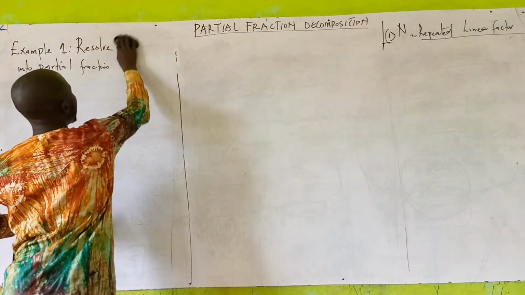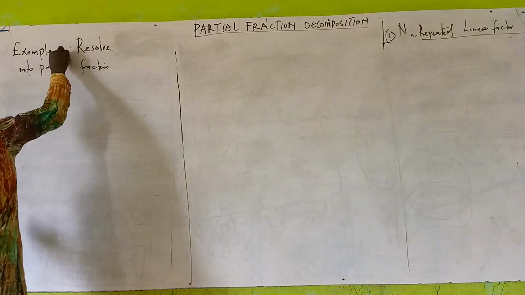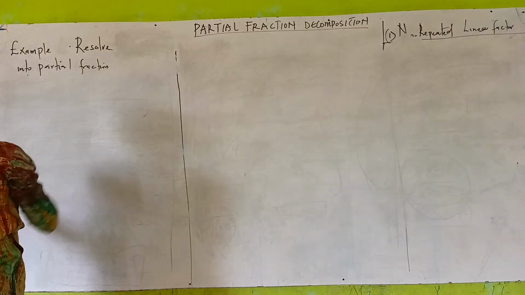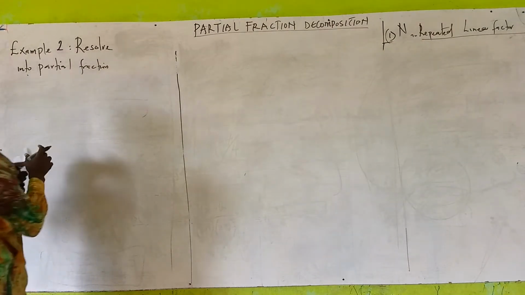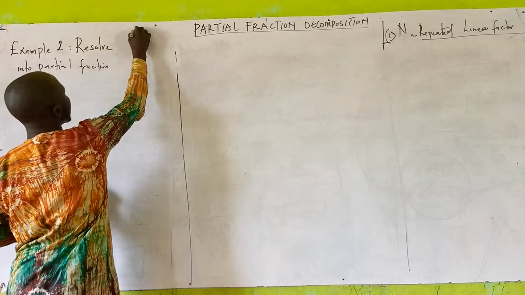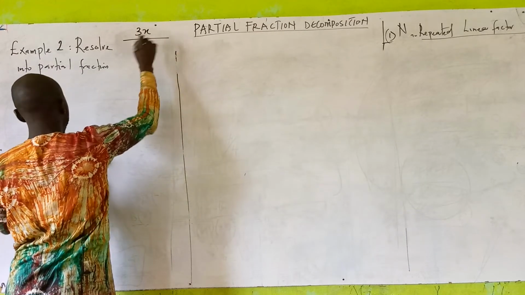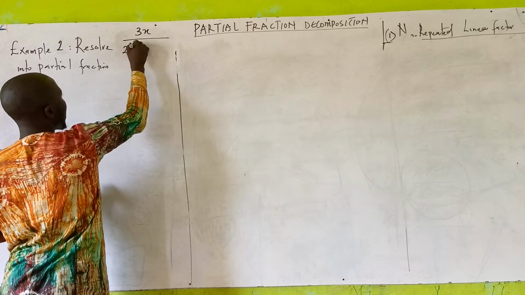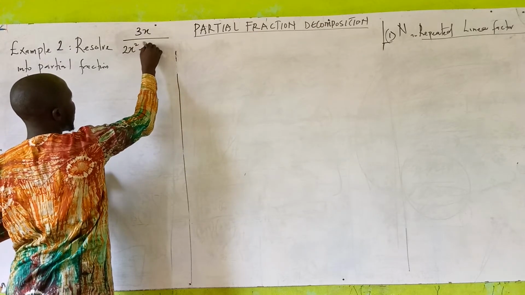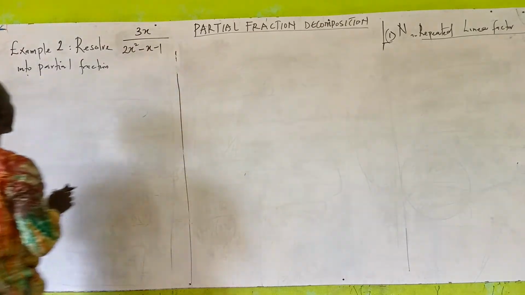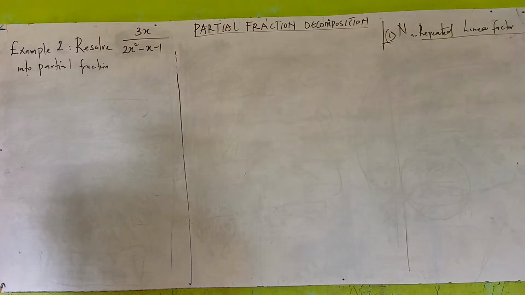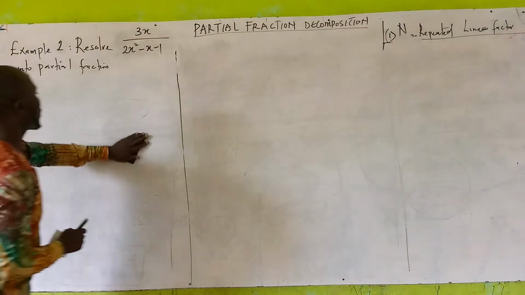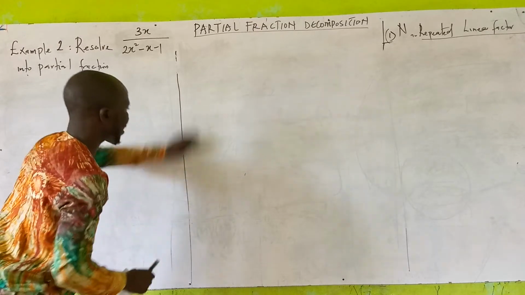Alright. Now example 2. Resolve 3x divided by 2x squared minus x minus 1 into partial fraction. We have to resolve this into partial fraction.